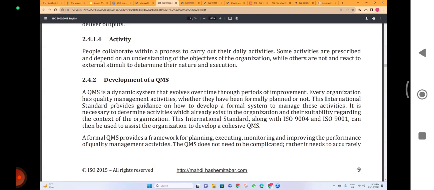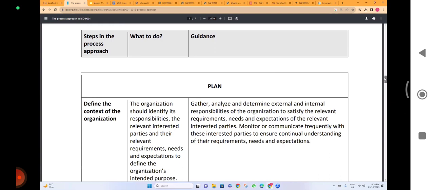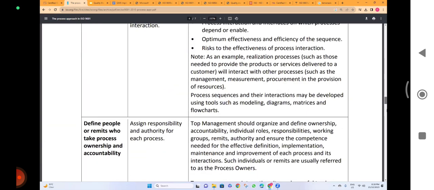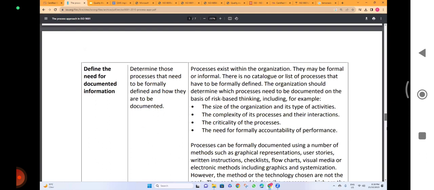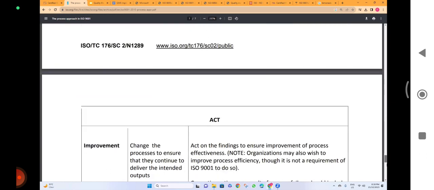What you do when you use ISO 9001, you are basically following a guidance, okay? A set of actions that you need to develop a formal system to manage these activities. And that guidance is actually 12 steps, okay? So these steps that you see in this document that I'm scrolling down, this is the guidance that you need in order to formalize the quality management activities in an organization.